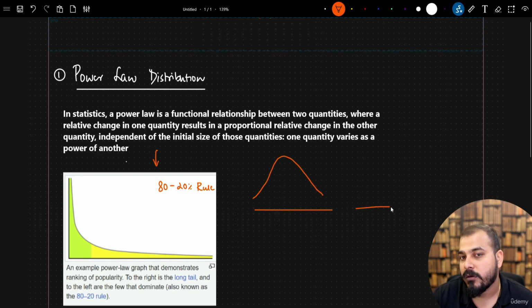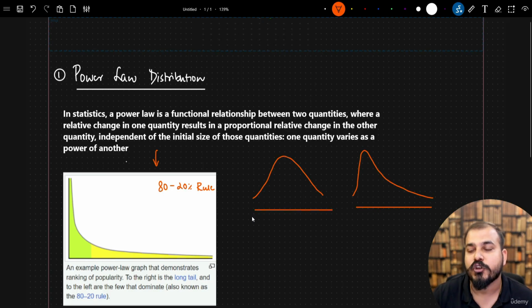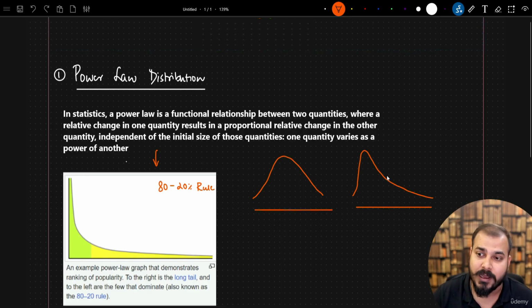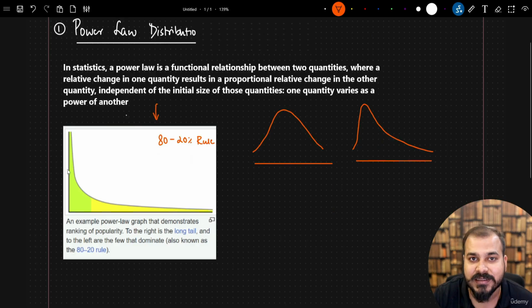For log normal distribution, my curve will look like this. You know about Bernoulli distribution, binomial distribution and all, right? So this is specifically a normal distribution, this is specifically a log normal distribution. Now whenever you get this kind of curve, you call this a power law distribution.